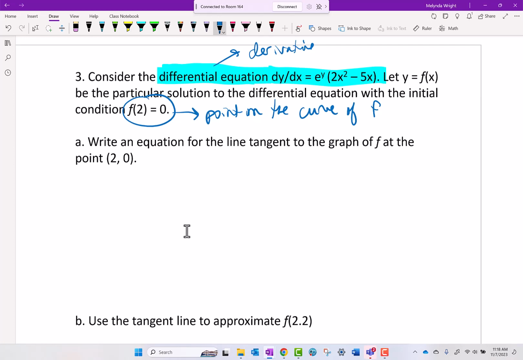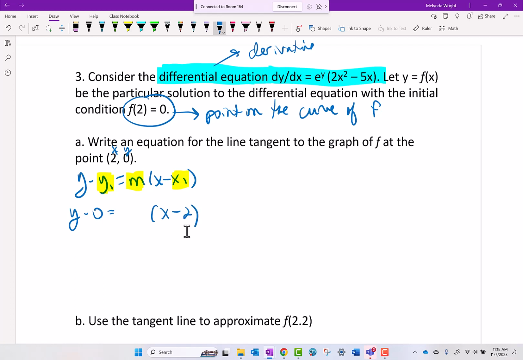Okay, so y minus y1 equals m times x minus x1, and we need x1 and y1 and m. Okay, well, this is x, and this is y. So y minus 0 equals, we don't have m yet.